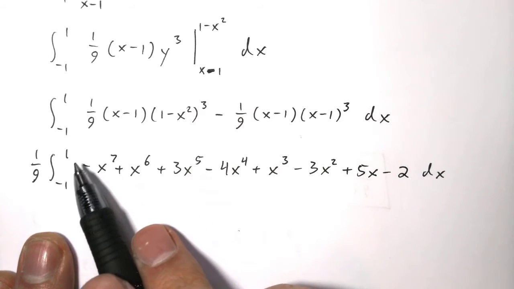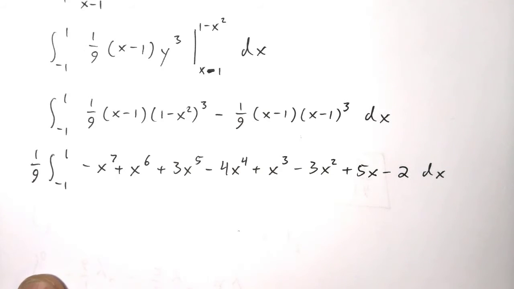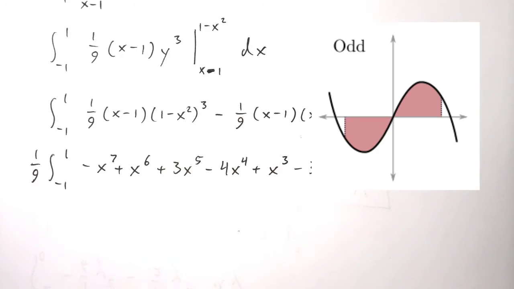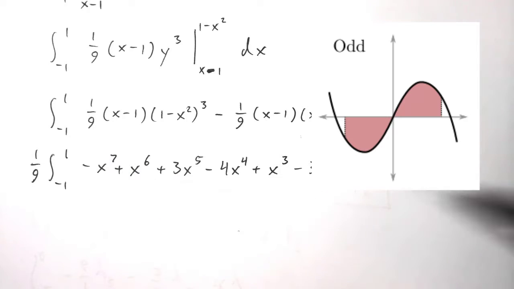Some of these functions are odd functions. An odd function is a function f of x where f of negative x is equal to negative f of x. What that means is that the function is the negative to the left of the y-axis of what it is to the right of the y-axis. So if we integrate from -1 to 1, or minus a to a, we always have an equal amount of negative area to the left of the y-axis as positive area to the right.